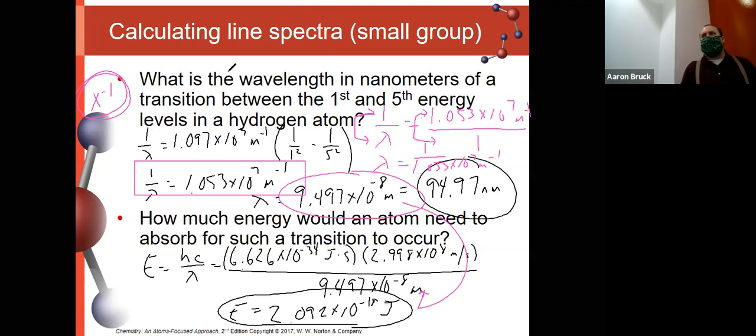If this was an electron demotion or a relaxing of an electron to a lower energy state, again, we would have seen negative numbers here. Again, all that the negative and positive mean is which direction is the electron going? Which direction is the energy going? Is the energy coming into the atom, or is the energy going out of the atom? Is the light coming in, or is the light going out? All right, any questions about this example before we move on?